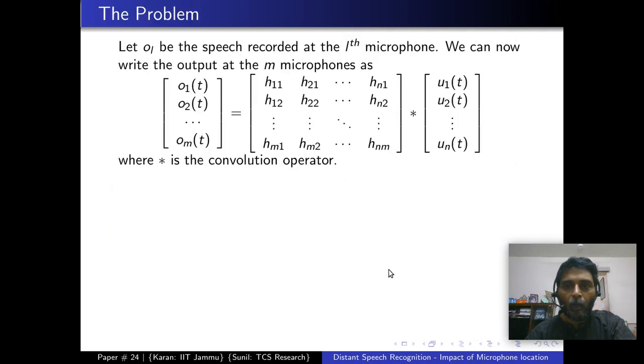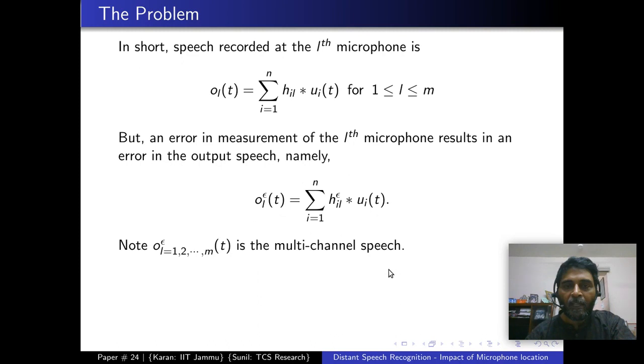Just to get into the problem, U1 to UN are the utterances or the speech of N people, and O1 to OM are the outputs of the M microphones. The output of the microphones is given as a convolution of the room impulse response matrix H and the utterances by the speakers. In short form, it is essentially a summation over all the N speakers.